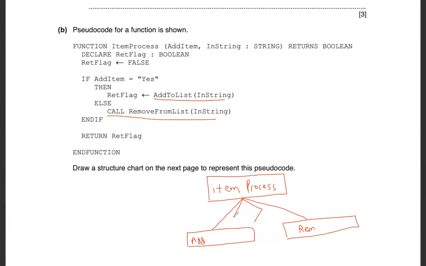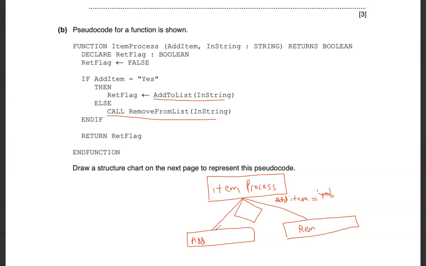I'm choosing one of these two, and my condition is add item is equal to yes. So based on this condition, I can choose either to run this subroutine or this subroutine.